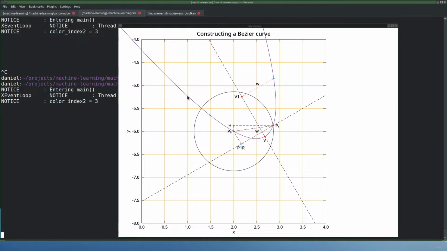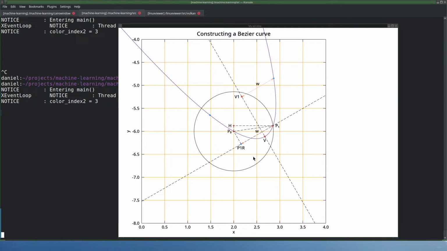Now, if it's not allowed to be rotated, then there's only one parabola that goes through 3 points. But in this case, we can rotate the parabola. So then, obviously, the shape of the parabola can change as well. So there is a link between the rotation and the width.